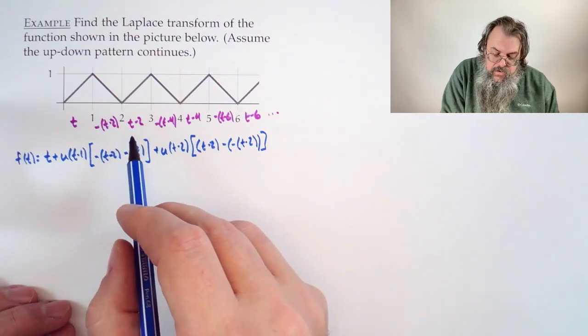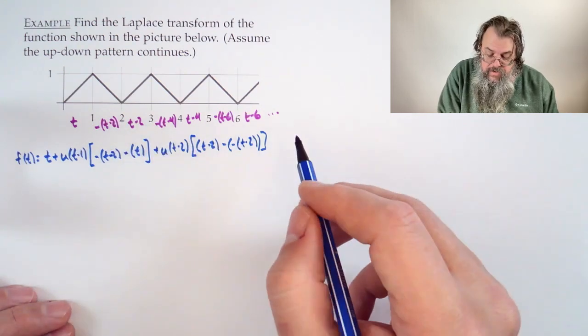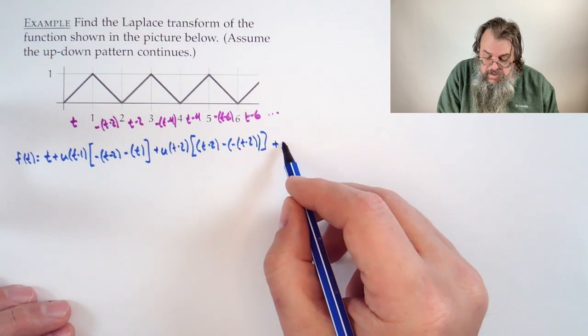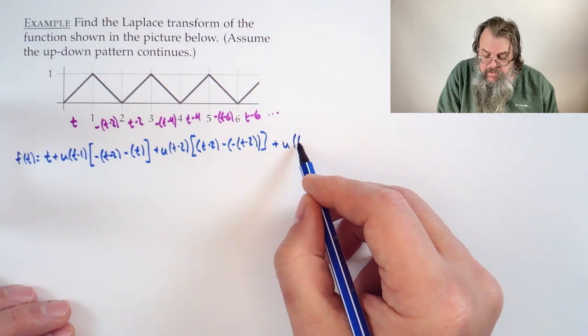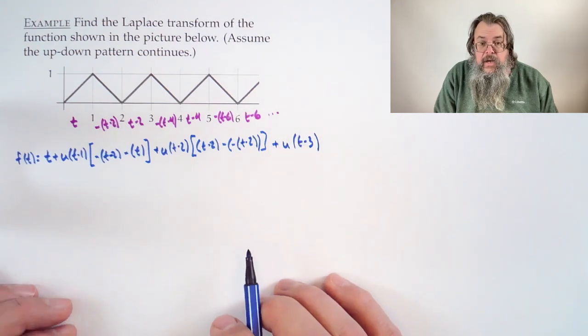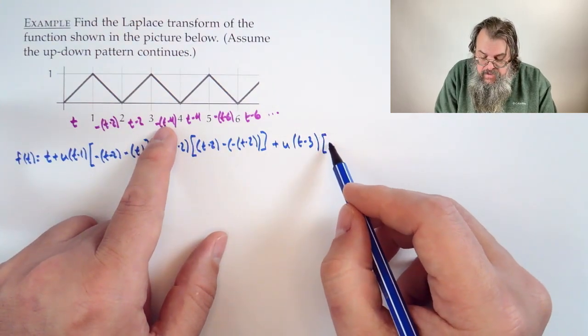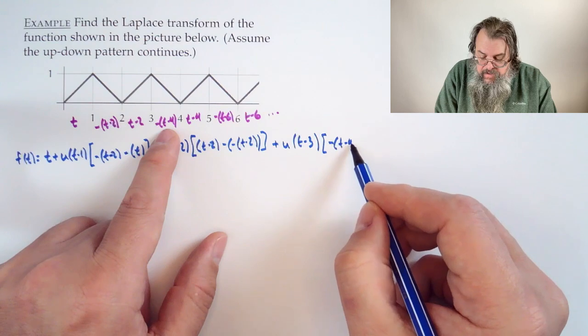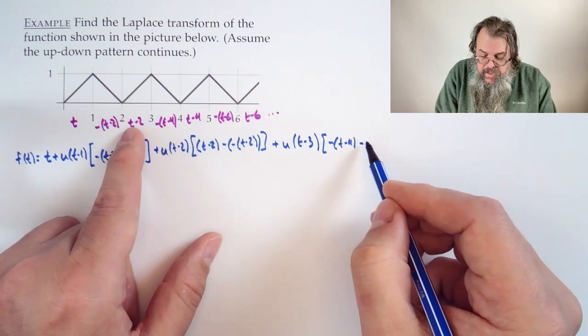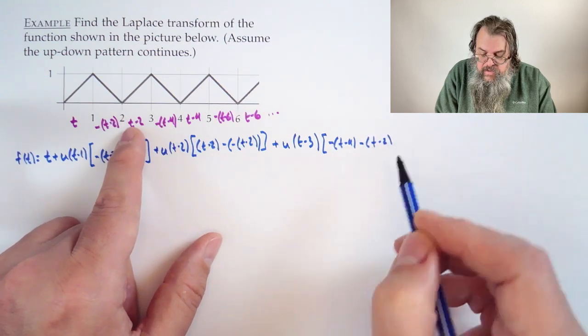And then we go to our next place, t minus 3. Okay. So u of t minus 3. And then what's going to happen? Well, our behavior afterwards is a minus t minus 4. And then we're going to subtract a t minus 2.